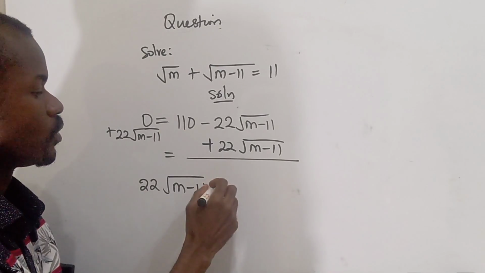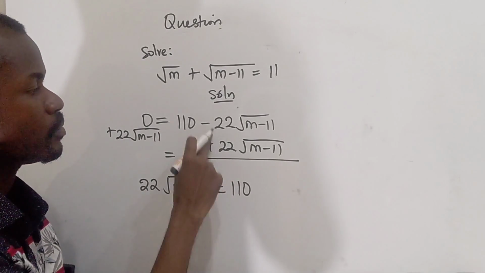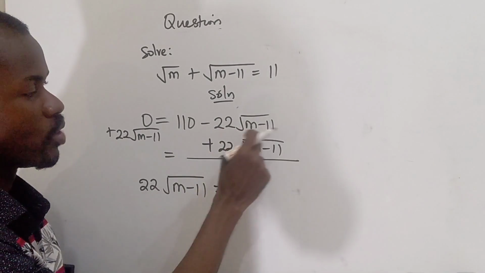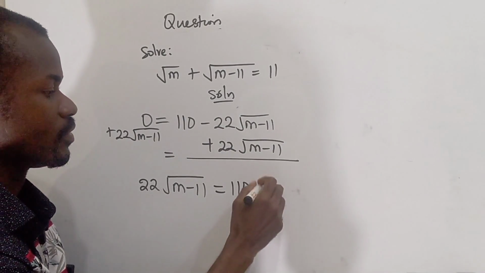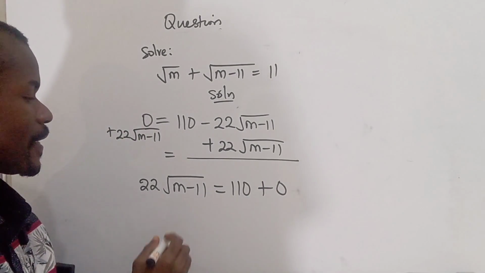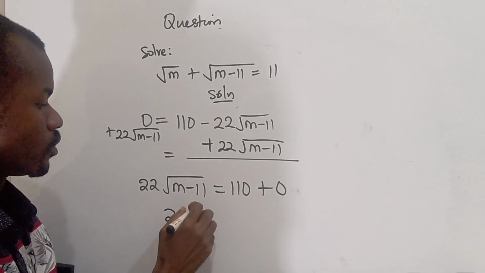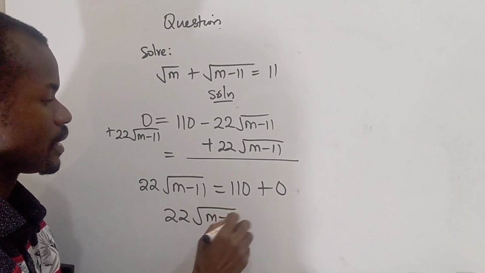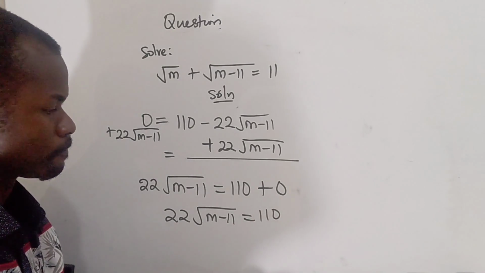Now we have 110 minus 22 square root of (m minus 11) plus 22 square root of (m minus 11), which gives plus 0. So from this I have 22 square root of (m minus 11) is equal to 110.